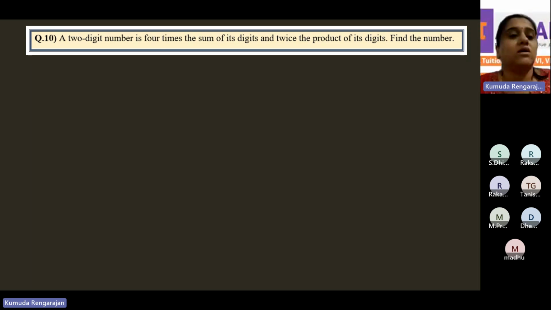Write down, children. A two-digit number is 4 times the sum of its digits and twice the product of its digits.